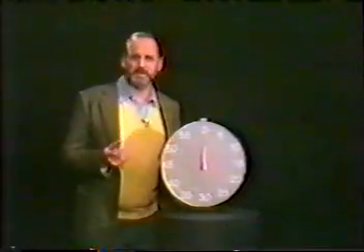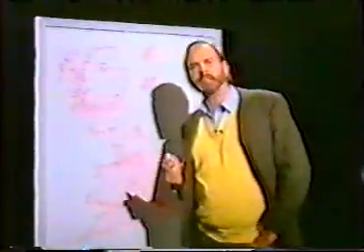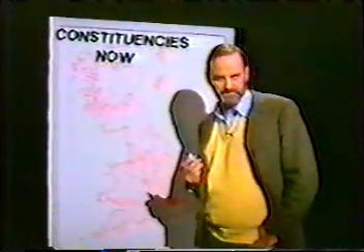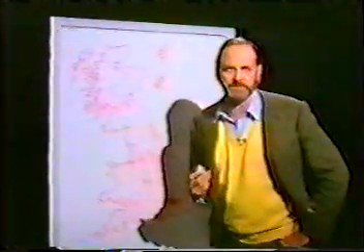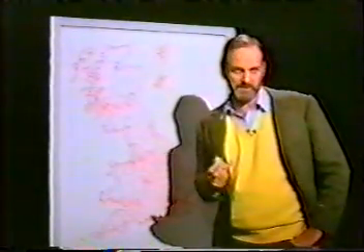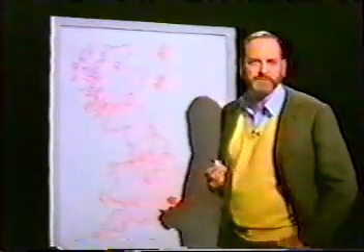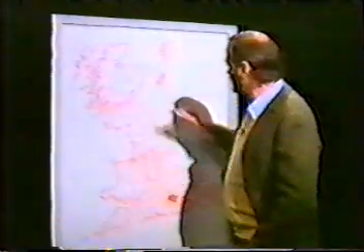Actually, there are several ways of doing PR, but this is the one the Alliance reckons is best for the UK. Now, at the moment, the UK has 650 constituencies returning one MP each. Under the Alliance's new system, there'd be a smaller number of bigger constituencies, about 140 of them, returning, on average, 4 or 5 MPs each, roughly like this.